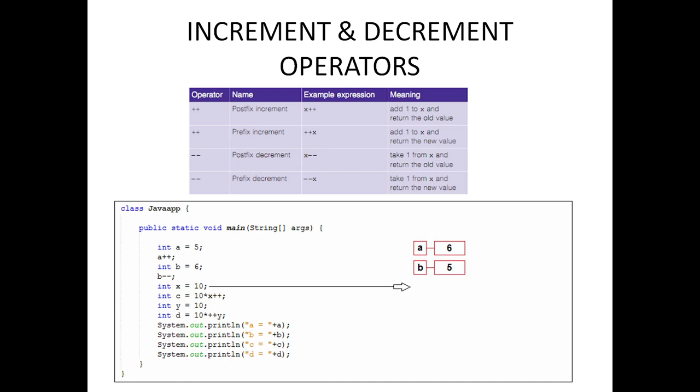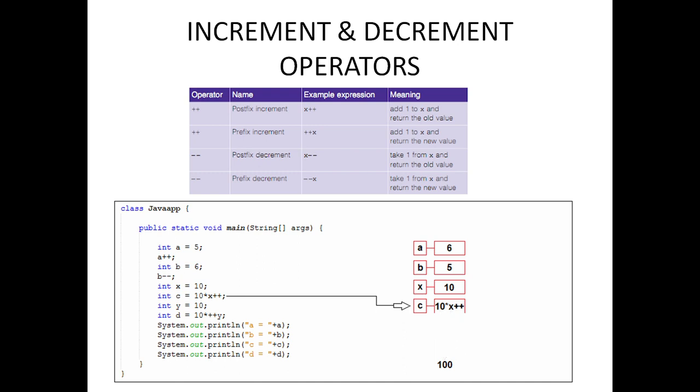Like that we are having decrement operator also. If it is postfix increment, it adds 1 to x and returns the old value. If it is prefix increment, it adds 1 to x and returns the new value. That is, it will return the value after updation. Similarly, post decrement also works.